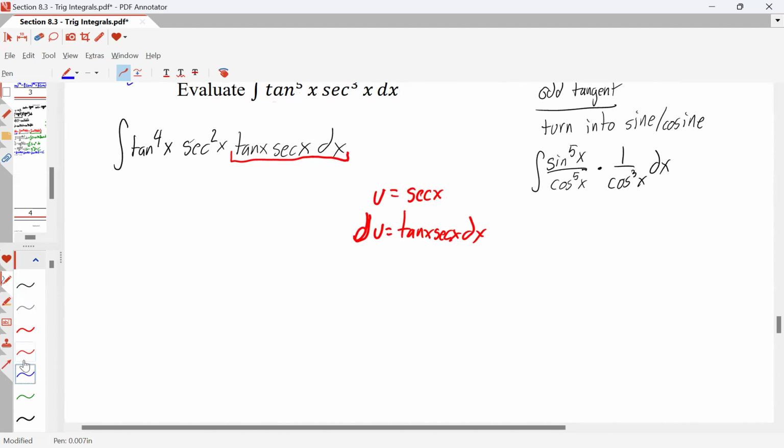So I want to get the rest of this written as secant. As before, tangent to the 4th x is tangent squared squared. And tangent squared is secant squared minus 1.